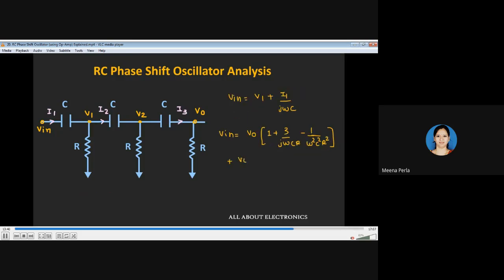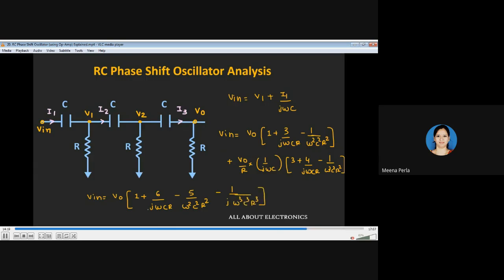As we know, I1 is V0 by R times 3 plus 4 by j omega CR minus 1 by omega square C square R square, and this is multiplied by 1 by j omega C. If we simplify this expression, we can get Vin in terms of V0 as VO into 1 plus 6 by j omega CR minus 5 by omega square C square R square minus 1 by j omega cube C cube R cube. So this is the relationship between the input and output voltage.